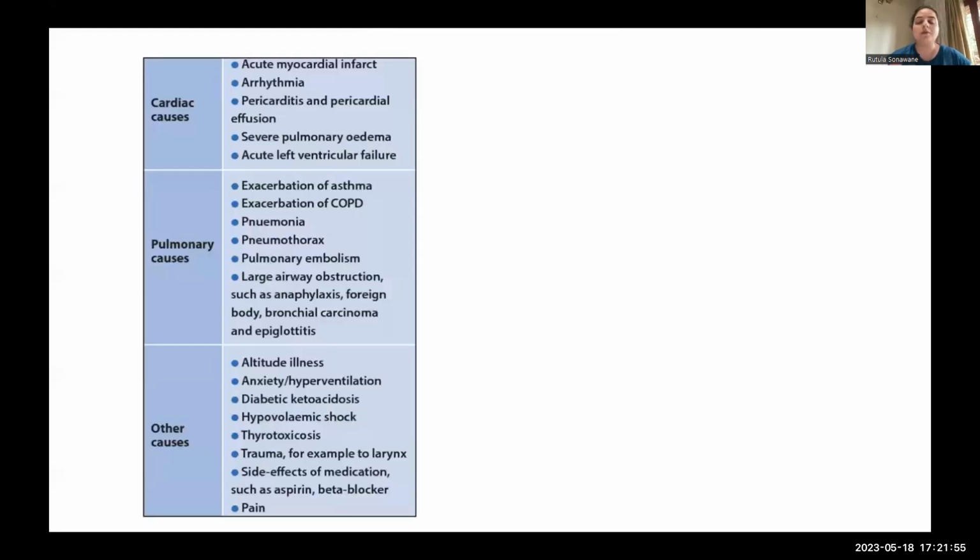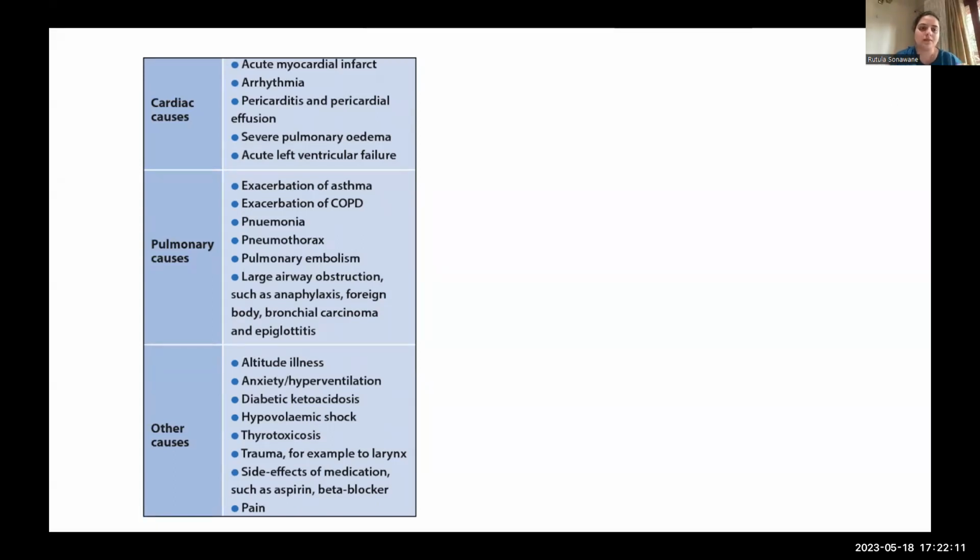Coming on to other causes, they can be cardiac, like acute myocardial infarct and arrhythmias. You have pericarditis, pericardial effusion, pulmonary edema, and left ventricular failure as well.